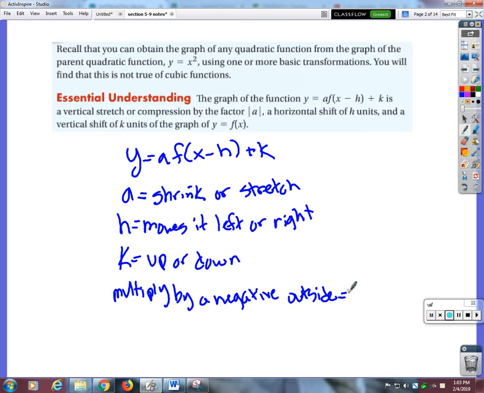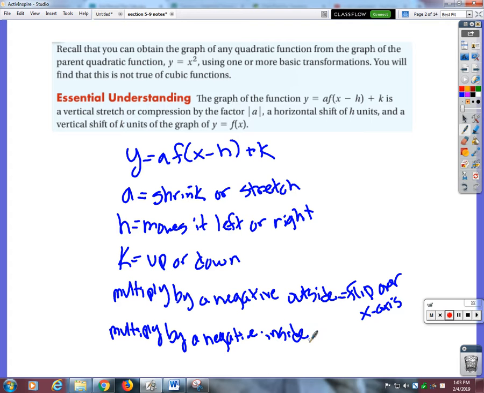If you multiply by a negative on the outside, that will take the graph and flip it over the x-axis. If you multiply by a negative inside, that will flip it over the y-axis.